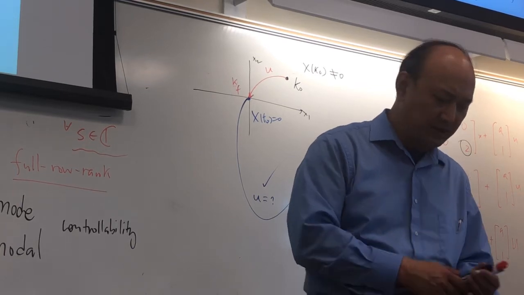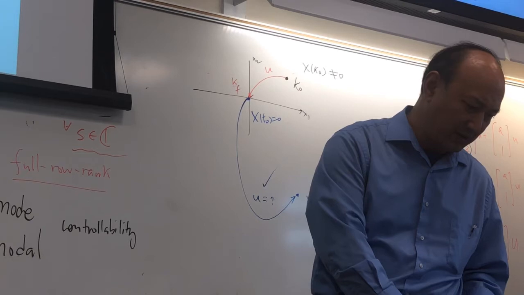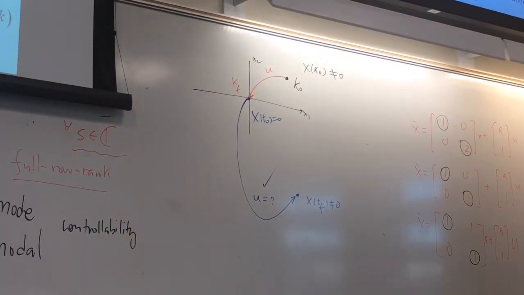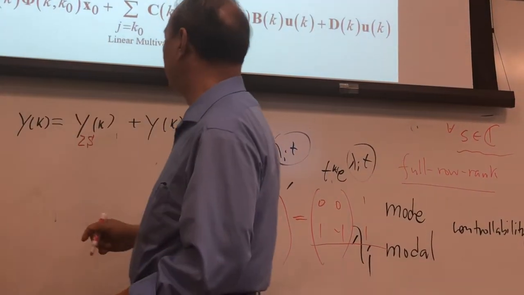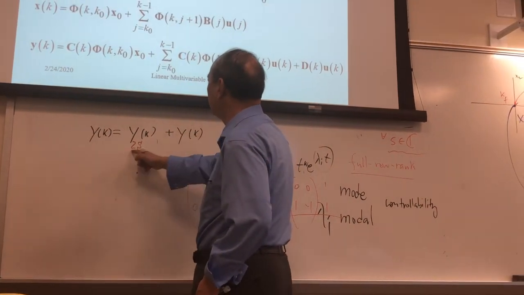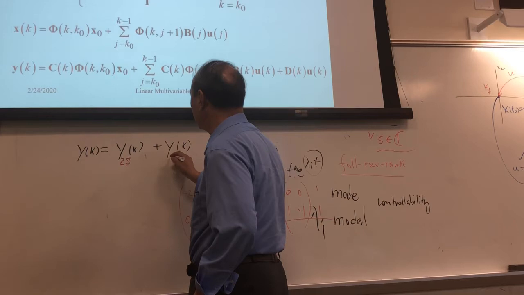So in other words, basically we want to make something here. Something here. This is something we don't like. The output y(k), we always write as the output y(k) due to zero initial state, meaning this x0 is 0. Okay? So this one is called zero state.